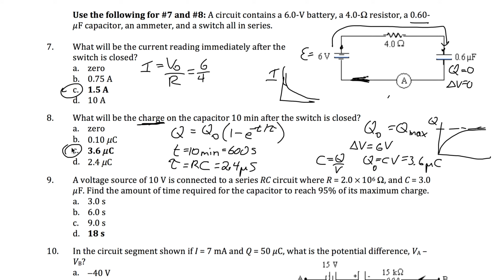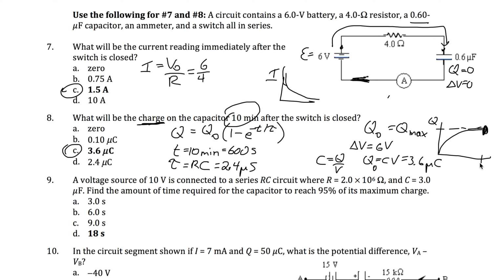Now, this goes back to what I mentioned in class, that you always want to see if there's a shortcut. So the point is that once you realize that tau is 2.4 microseconds and that it's asking for something after 10 minutes, 600 seconds is much, much, much greater than this time constant, then that means that you've already reached here.